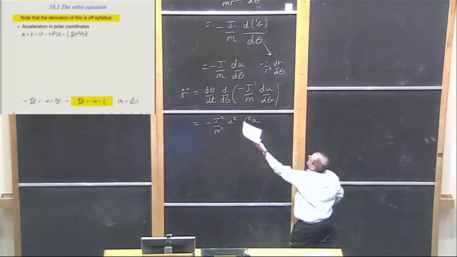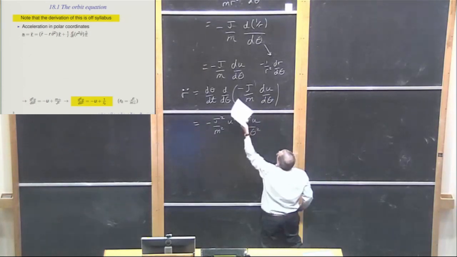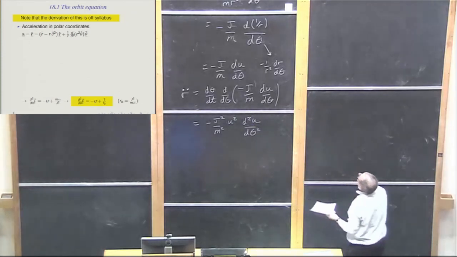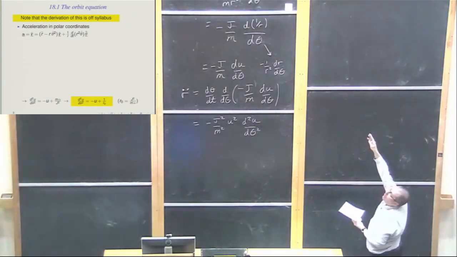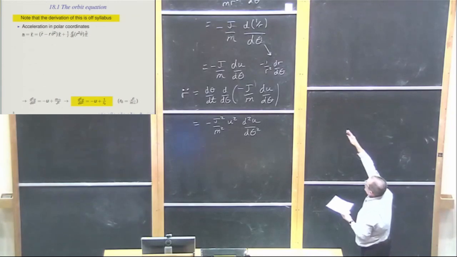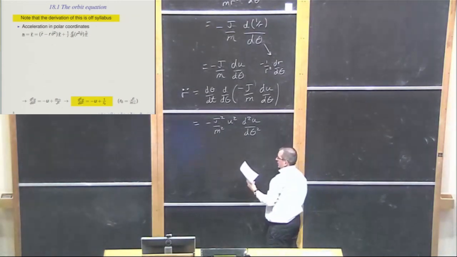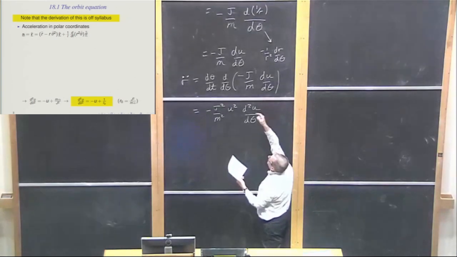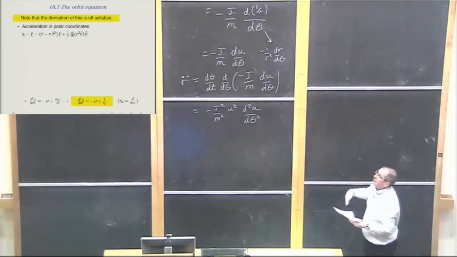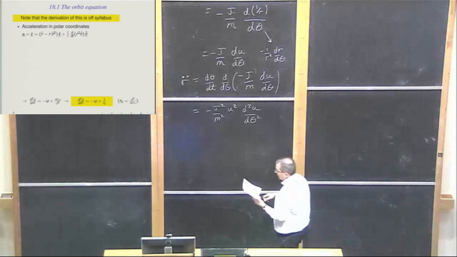Okay, so the d by d theta in that clearly gives this. The substitution is as before, but instead of having 1 over r squared, we're writing it as u squared. Okay, and so now we have an expression for r double dot expressed just in terms of u.